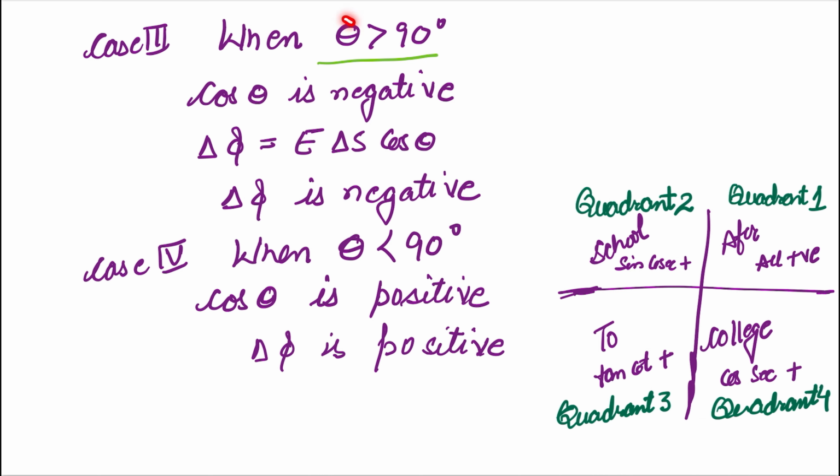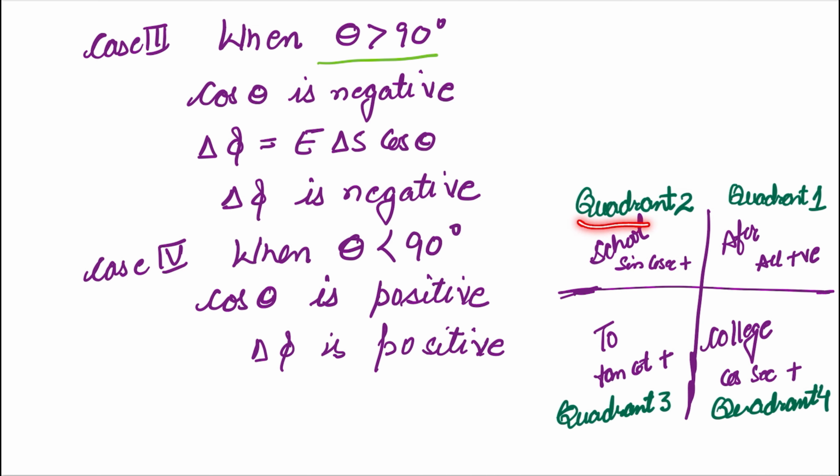You are given theta greater than 90 degrees, which means you are in any of these three quadrants: the second, the third, or the fourth. By using the trigonometric relations, we know that in the first quadrant all are positive.